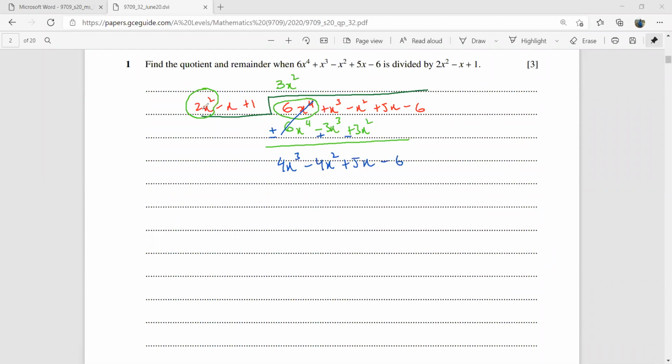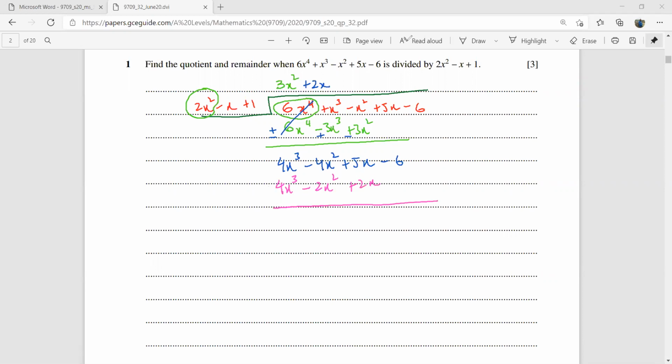Now this 2x squared into what will give us 4x cubed? That is going to be plus 2x. So 2x into 2x squared gives us 4x cubed. This one is minus 2x squared, and then you have plus 2x.